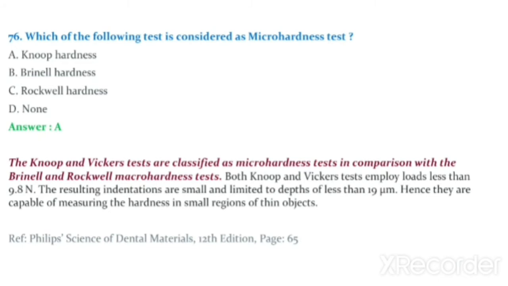The resulting indentations are small and limited to depths of less than 19 micrometer. Hence, they are capable of measuring the hardness in small regions of thin objects. The reference is from Phillips Science of Dental Materials, 12th edition, page number 65.